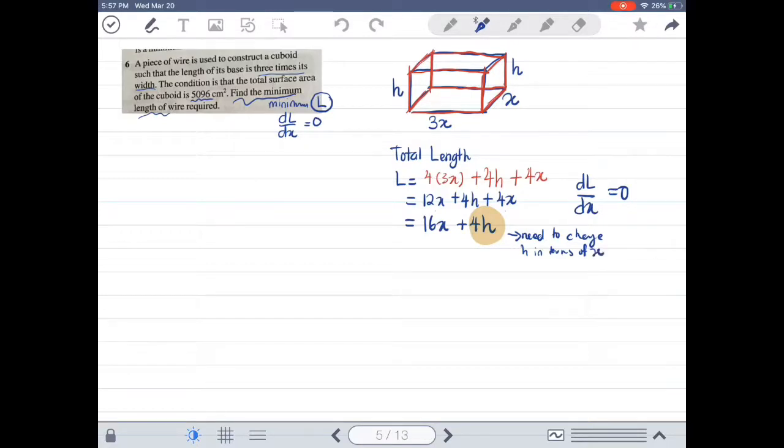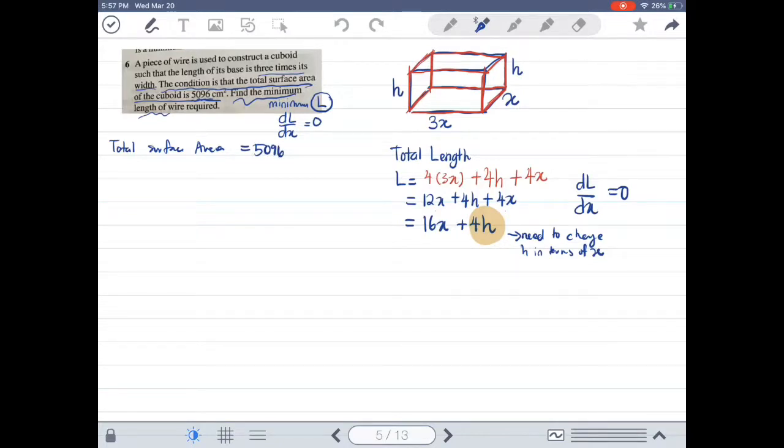So what other information do we have? It is given that the total surface area of the cuboid is 5096.